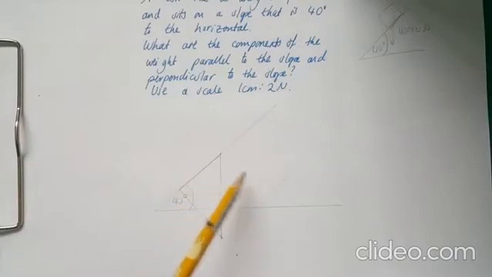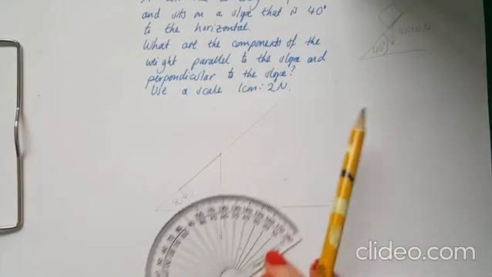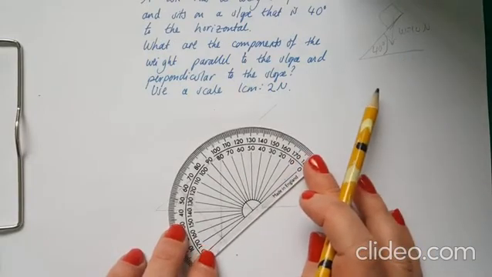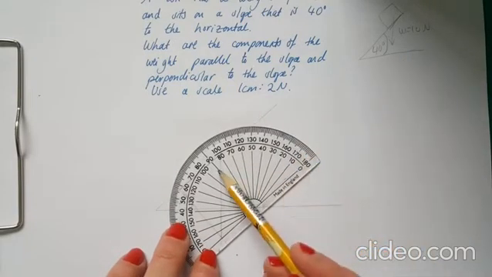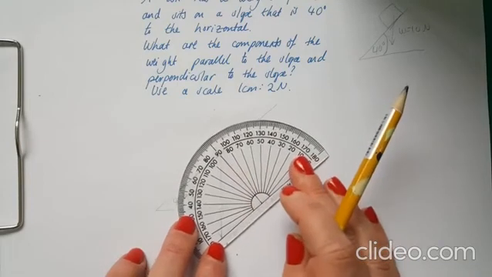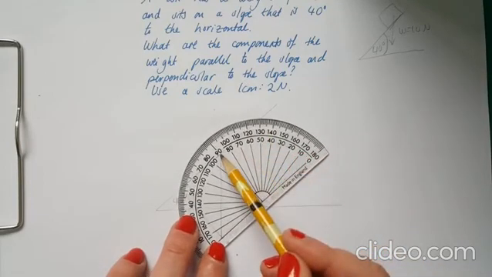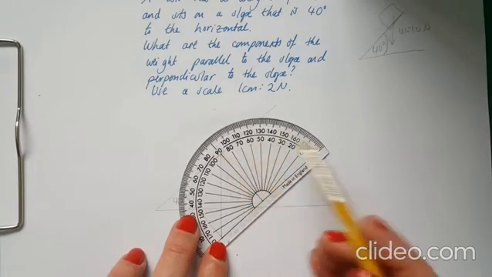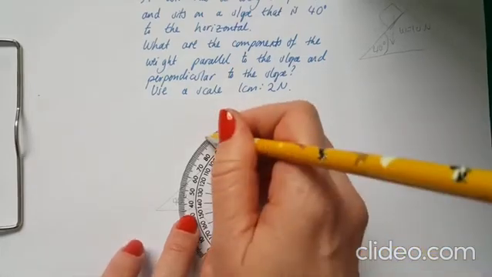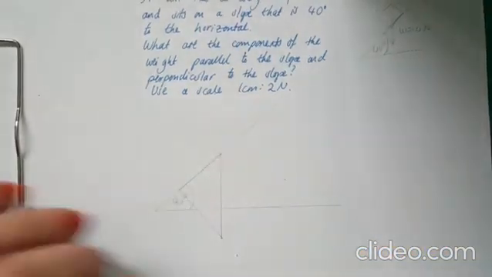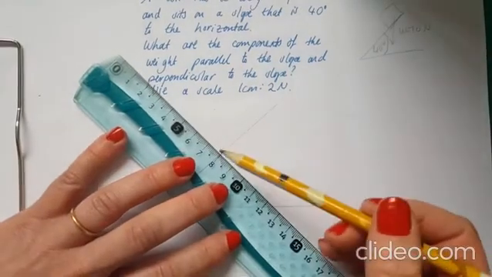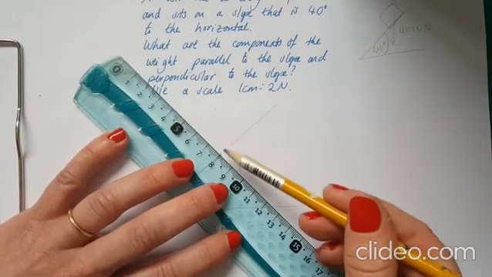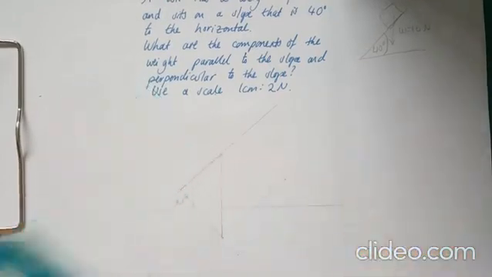And then I need to put in this line across here. And to do that, I'm going to line my protractor up on that line, so the 0 is on the line I've just drawn. And then move the protractor so that my 90 mark is just on the line, meets the line, at the end of the weight vector there. Okay, so I'm just going to put a little mark in there. Going to put my ruler so that it matches up with the end of the weight vector and my 90 mark, and just lightly put that in there.